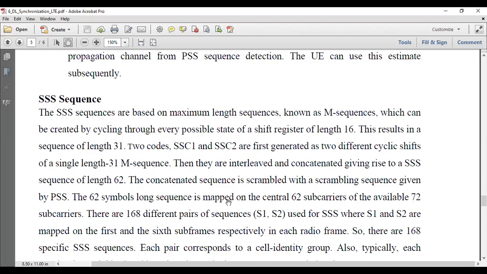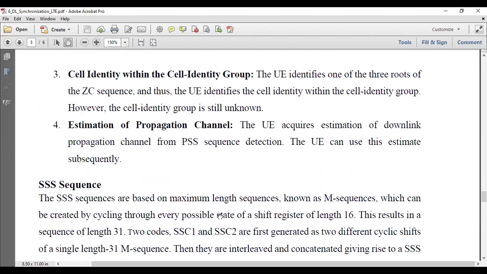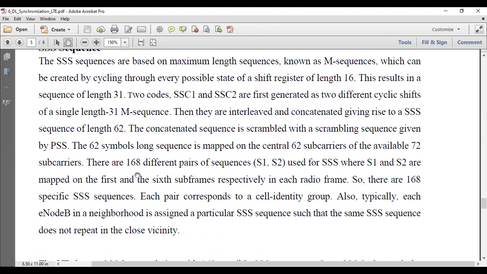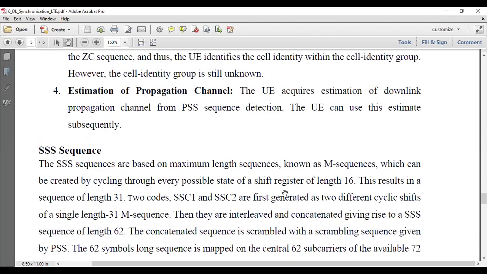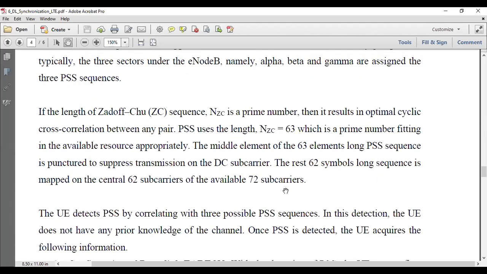It is a 62-symbol long sequence. Both PSS and SSS sequences are 62 symbols long. Then you have 168 pairs, S1 and S2. Now you put them in here.